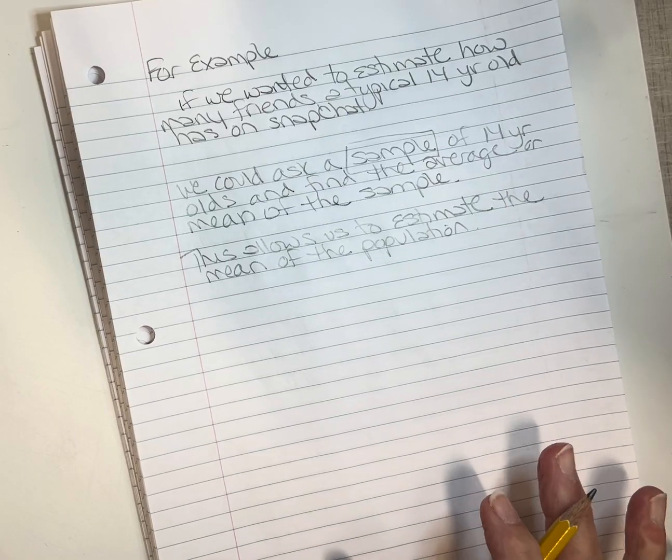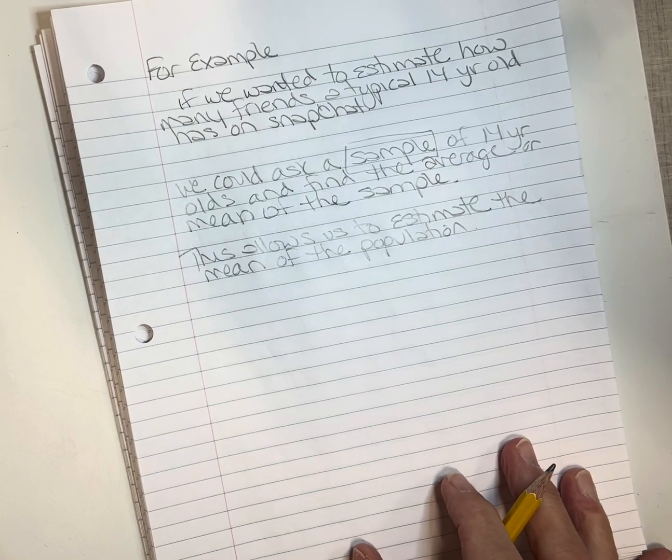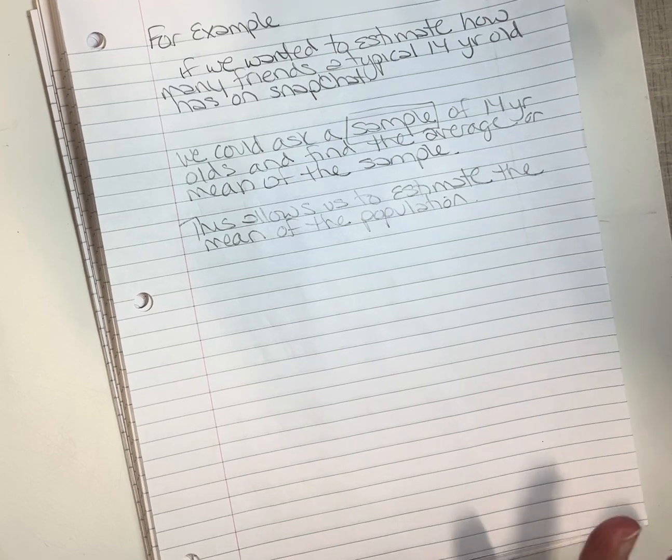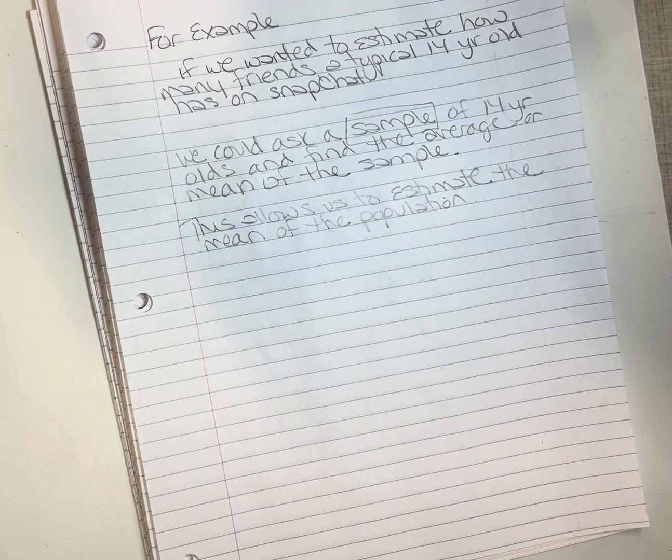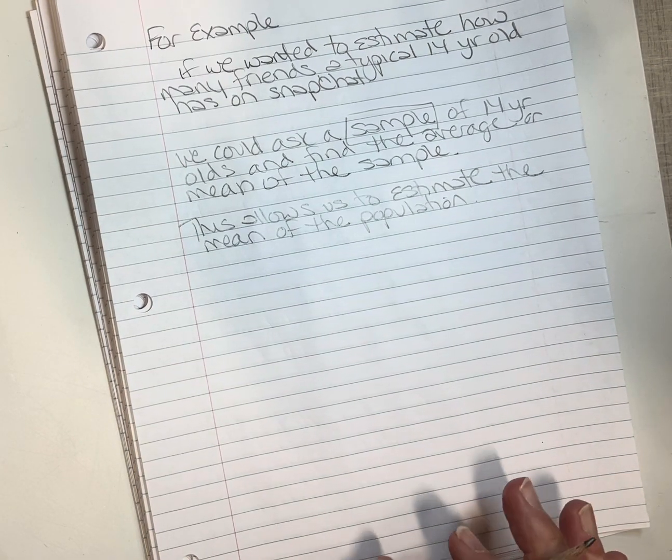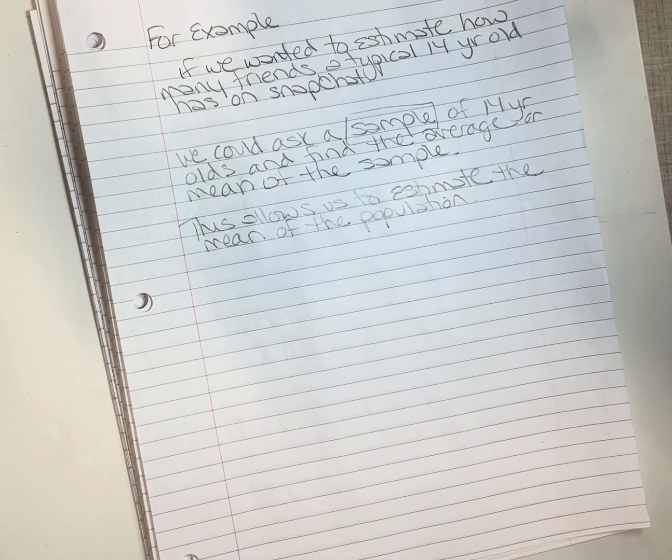So let's do, using our school, could we do an estimate of the whole school based on just this class? Could we estimate how many friends 7th graders at Hale Middle have on Snapchat just by using our class?